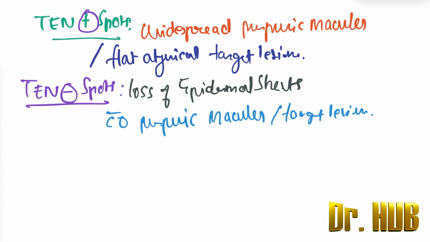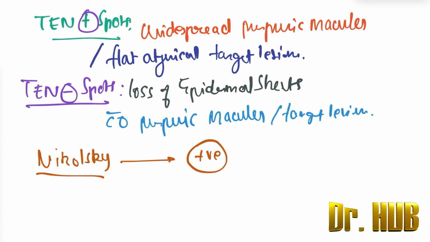We need to know that the Nikolsky sign is positive here. How about the distribution? It is an extensive distribution.